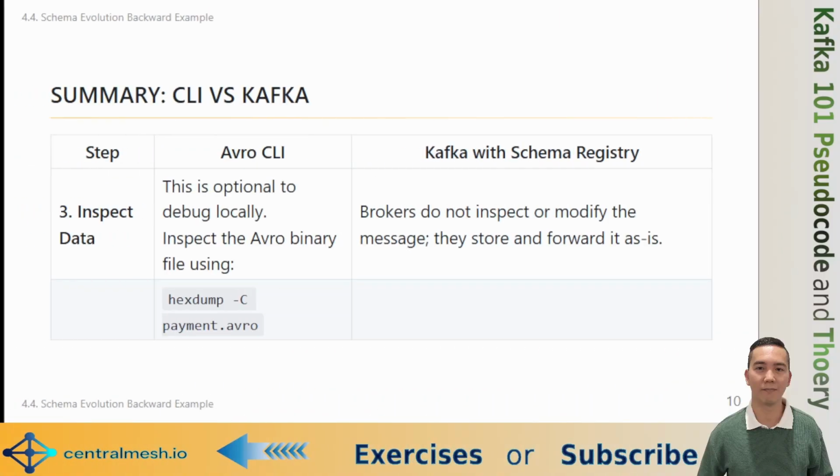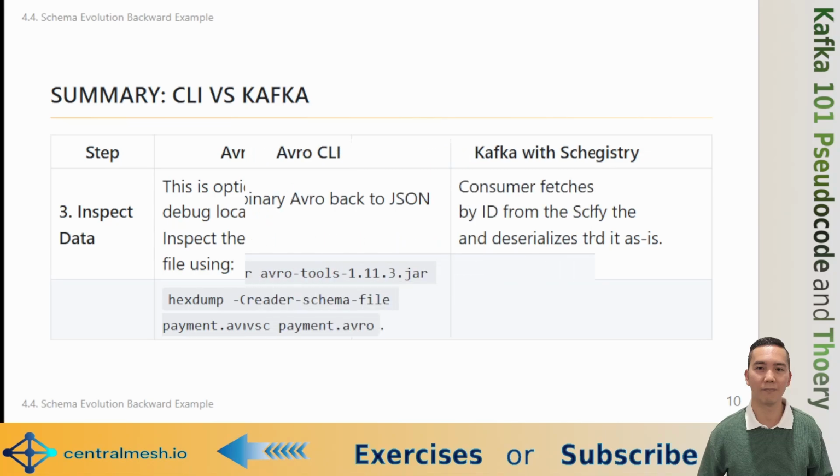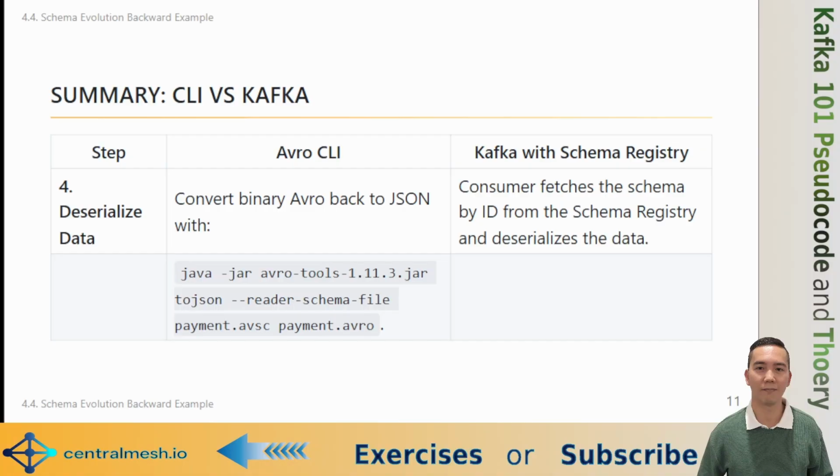Debugging or verifying the data is an optional but useful step. For the CLI, we can inspect the Avro binary file locally with tools like Hexdump to ensure it includes both schema and data. For Kafka, brokers don't inspect or modify messages, they simply store and forward the data as is. Finally, the data is deserialized back to its original format.